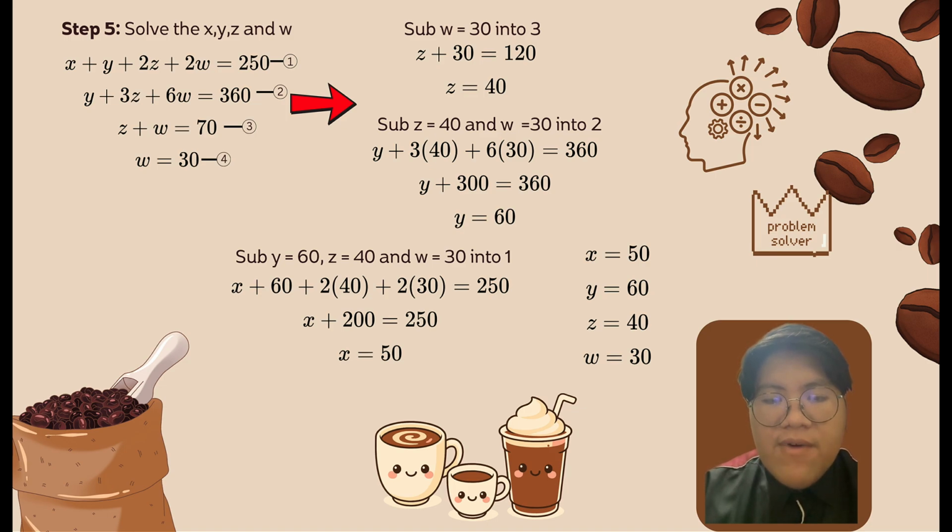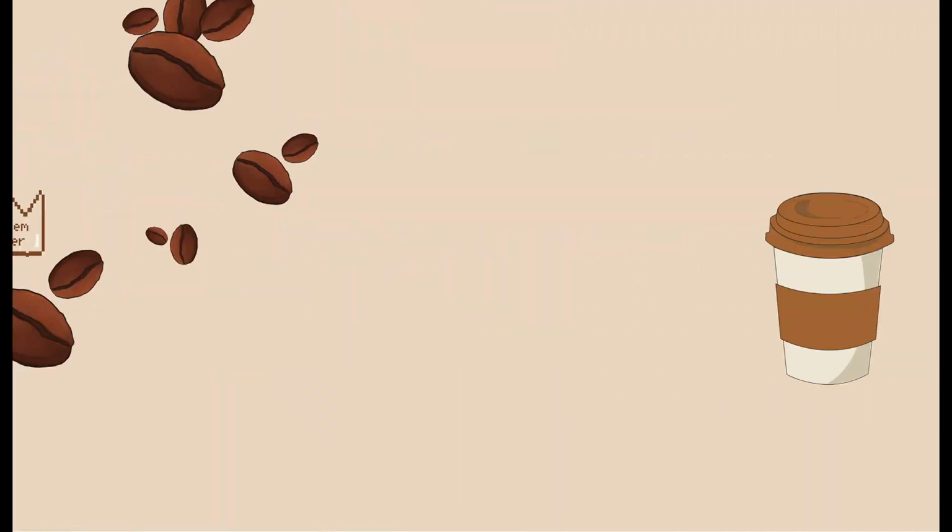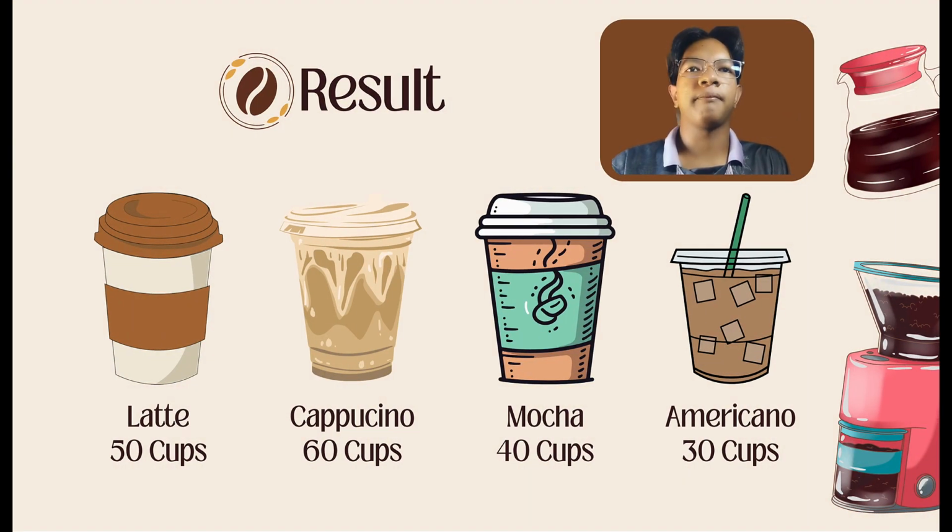To summarize our final breakdown of coefficients for the day, latte equals 50, cappuccino equals 60, mocha equals 40 and americano equals 30. Based on the result obtained, the most popular coffee sold is cappuccino with 60 cups, followed by latte with 50 cups and mocha with 40 cups. And the least coffee sold is americano with 30 cups.